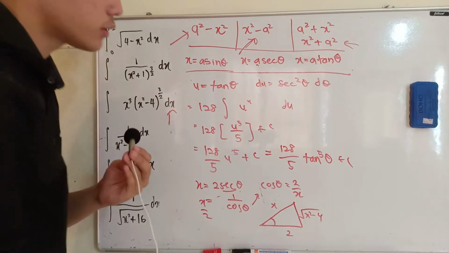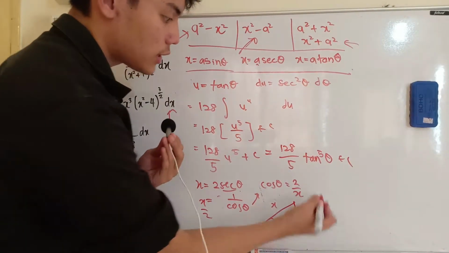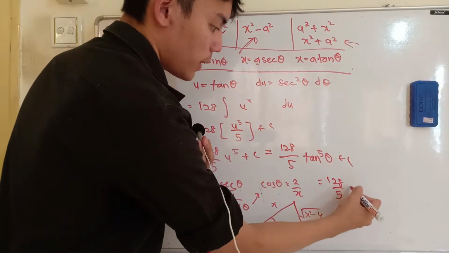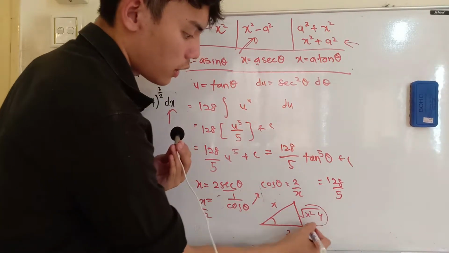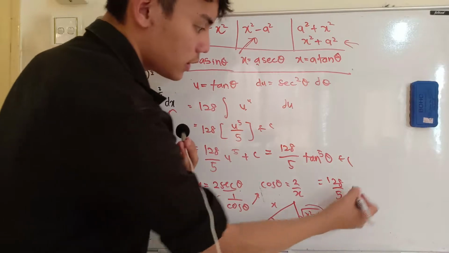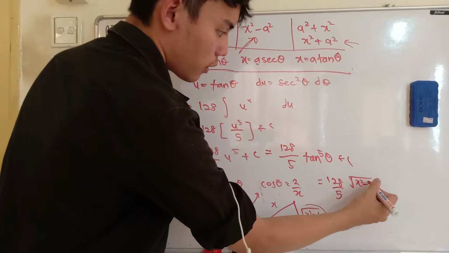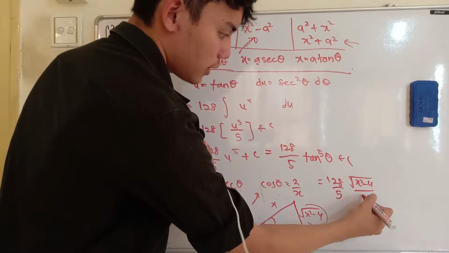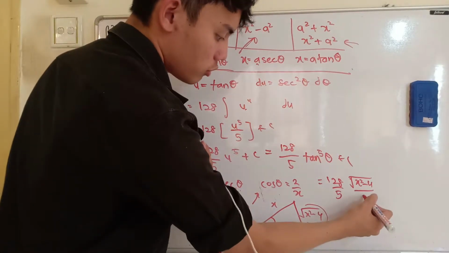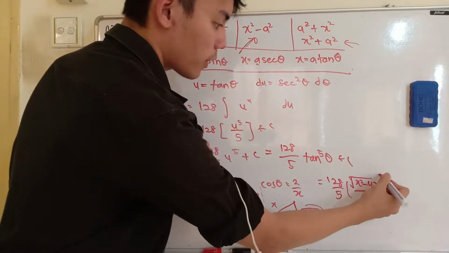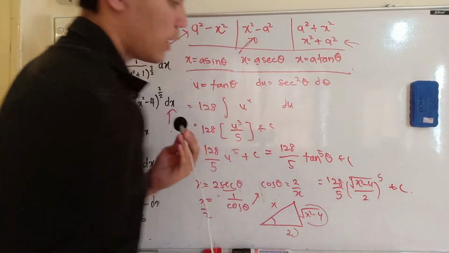Now my tangent is actually opposite over adjacent, so here is going to be the opposite over adjacent, which is my 2, and power 5, plus c.